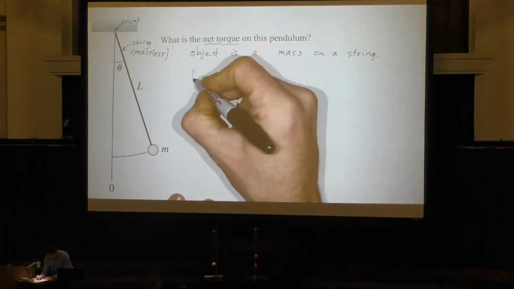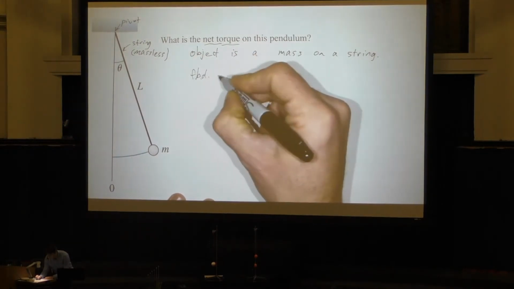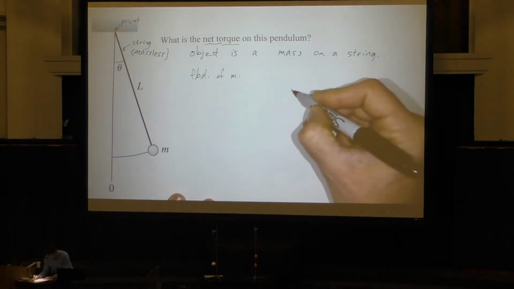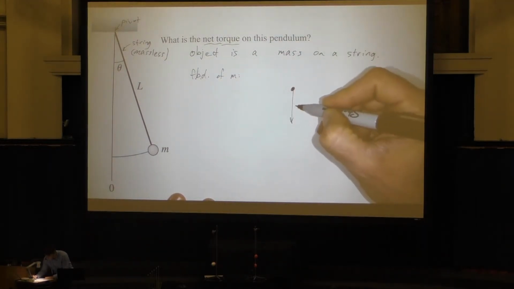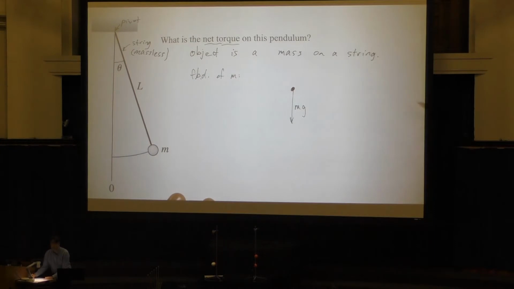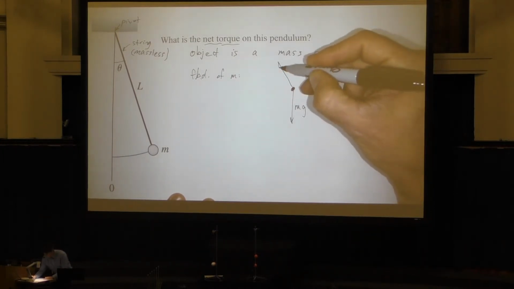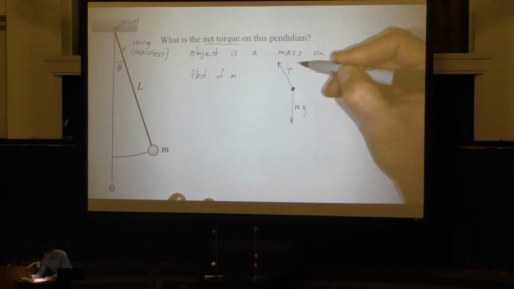If you want to find the net torque, the free body diagram of M is going to be, what are the forces acting on it? Well, we've got gravity, mg acting down. Any other forces? Tension? Good. I think those are the only ones, tension acting up.